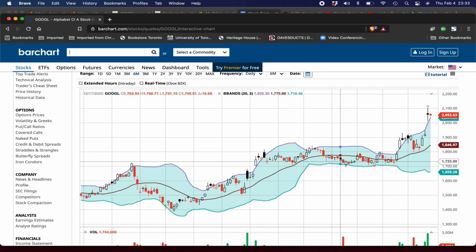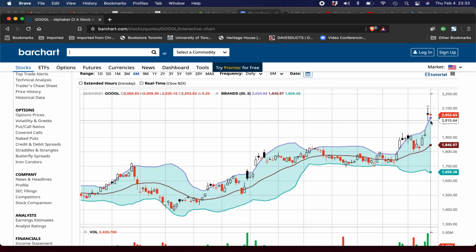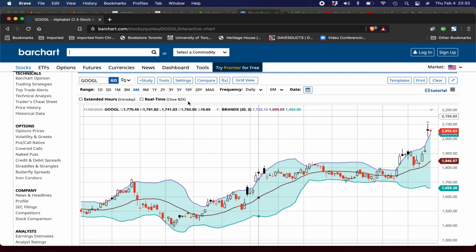If the bands become narrow, chances are that the price movements can be expected to become volatile. Once the bands expand, you can expect the bands to contract while volatility contracts. That's just another guideline.